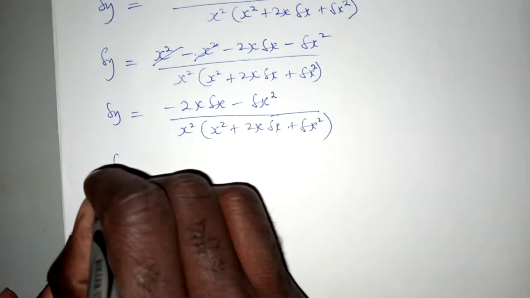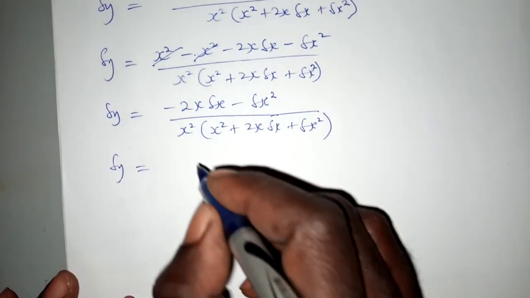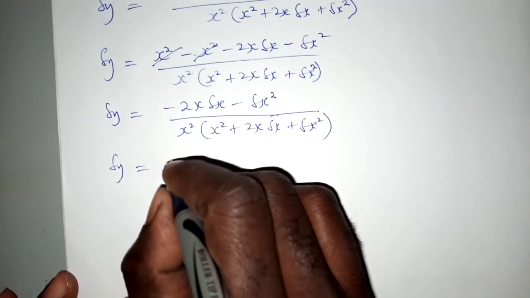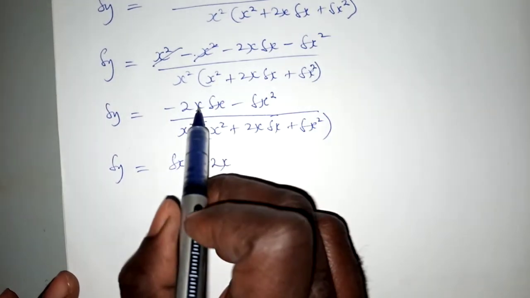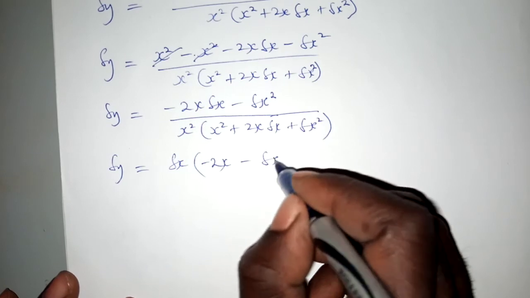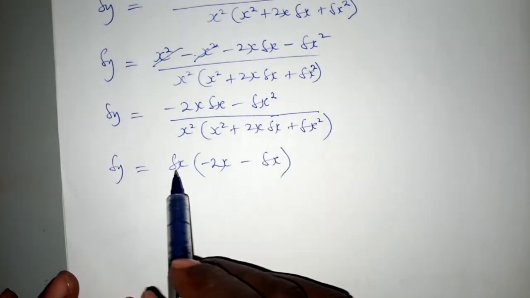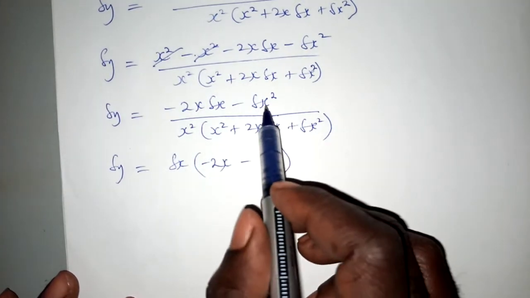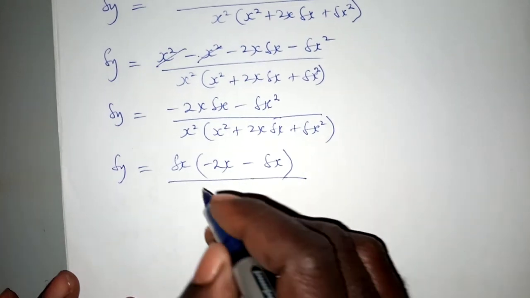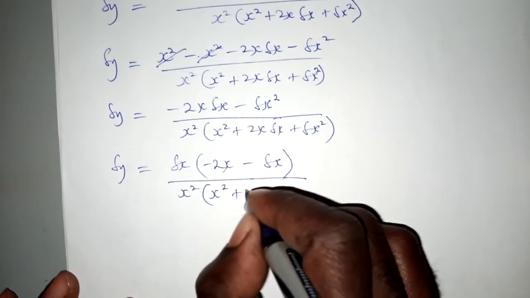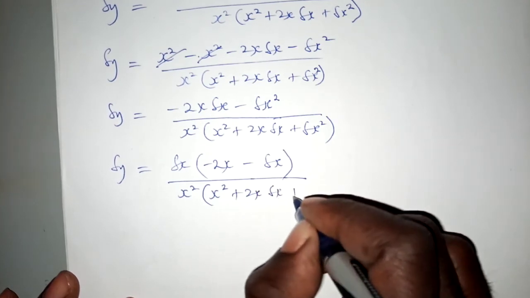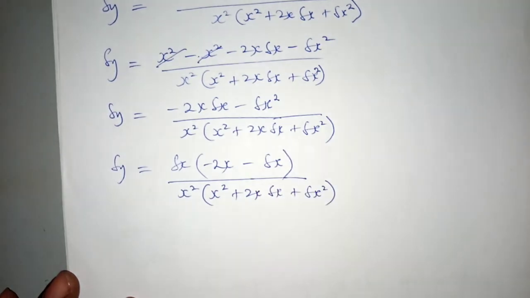So we have delta y is equal to, if I factor out delta x, we'll get minus 2x from this term, then minus delta x, because if you multiply delta x by delta x, you'll get delta x square, all over x square into x square plus 2x delta x plus delta x square.